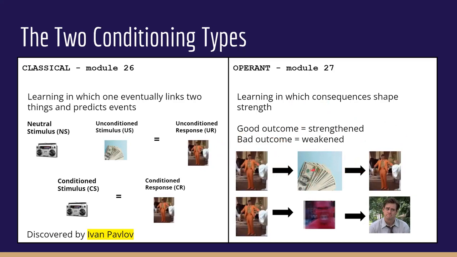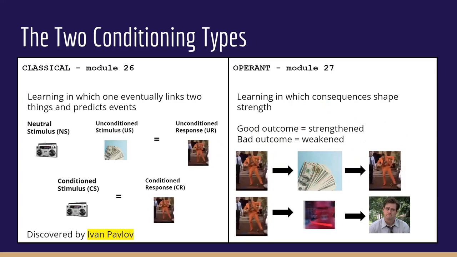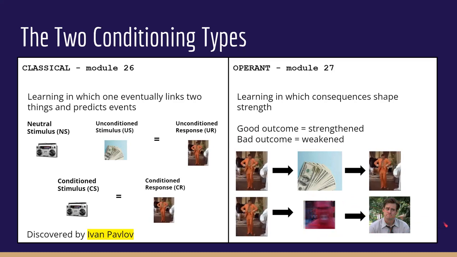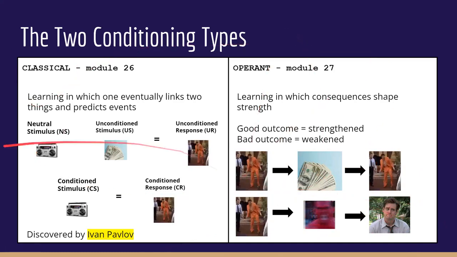He has a good result, he likes those Franklins, and then he's going to keep doing it. But if people get really mad and they don't like his dancing, then he's probably going to stop. That's not the outcome he wanted. So it's pretty straightforward: a good thing makes someone keep doing it, a bad thing makes them not. But we're going to talk more about that later.